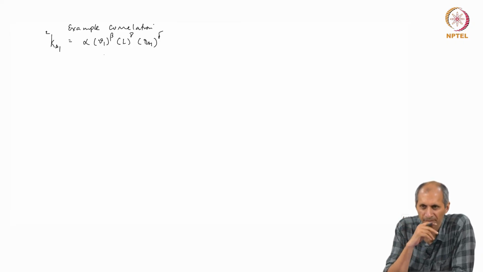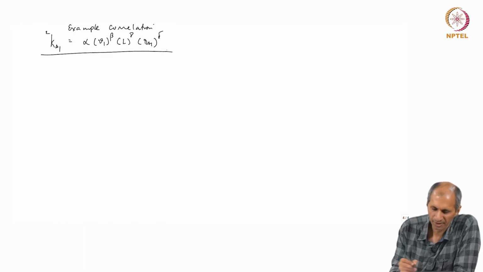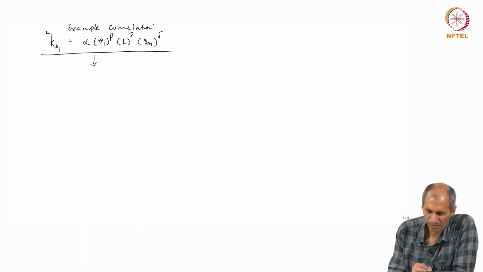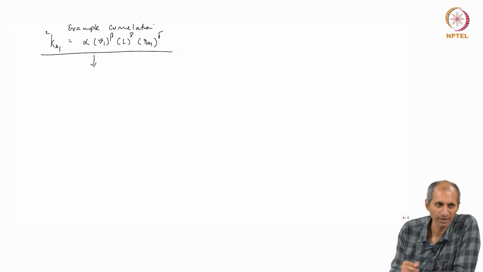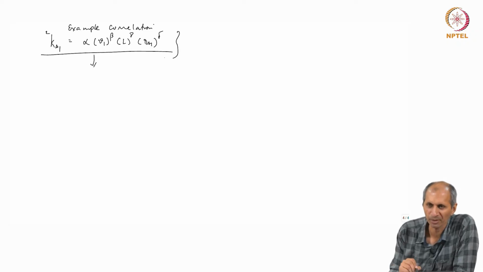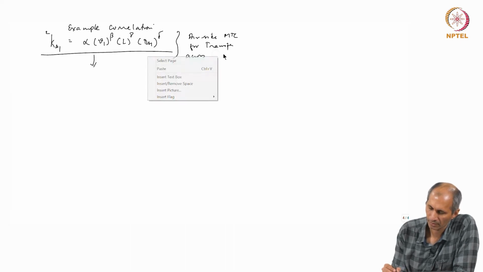This is a correlation. You will find correlations like this for different systems. Along with this, people would have also given other conditions. So, this is the air side mass transfer coefficient for transfer across the water-air interface in a lake.